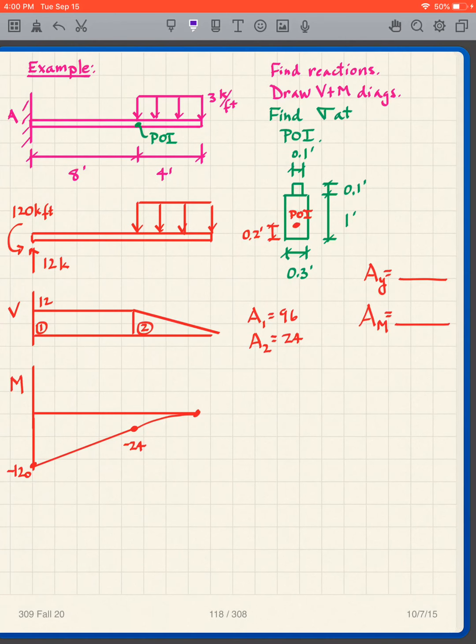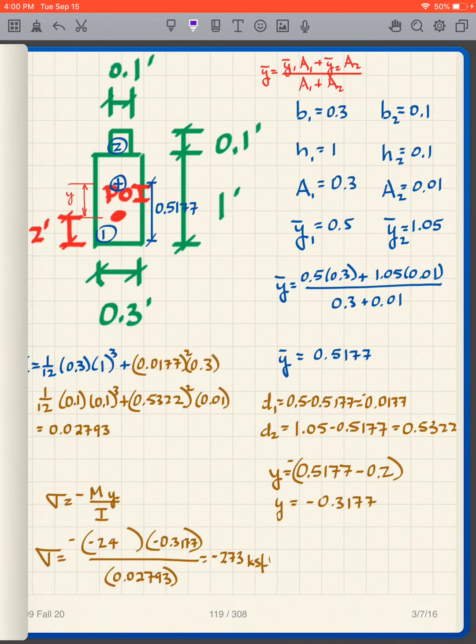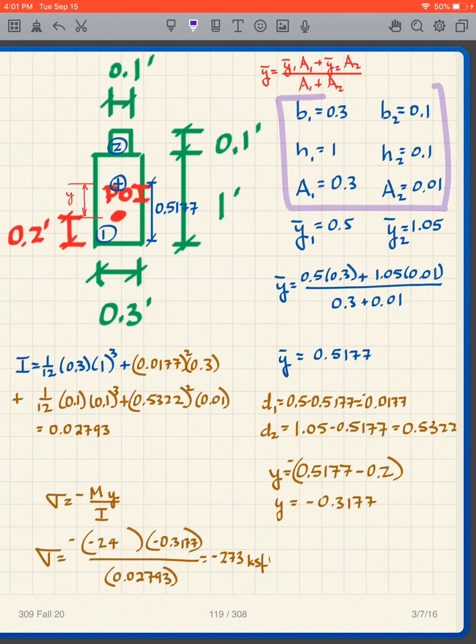Okay, assuming that you've done that, here is our calculation for y bar and I, which I'm not going to dwell on. We do the same thing we always do, which is we start out with B1H1, B2H2, and get the A's.